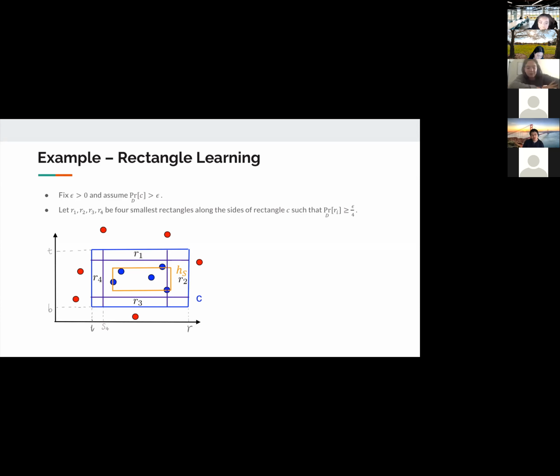So this is R1. Basically we're saying that for R1, R2, R3, R4, they all have probability mass greater than or equal to epsilon over 4.